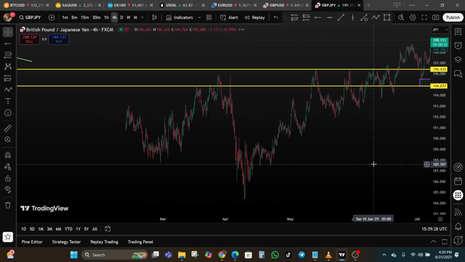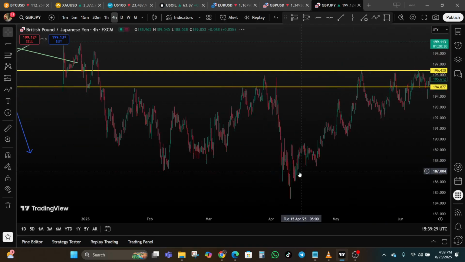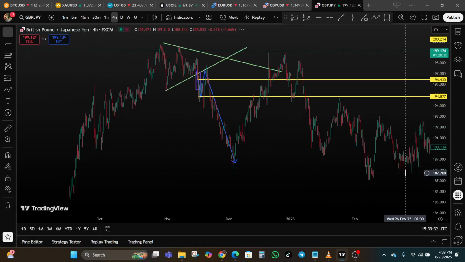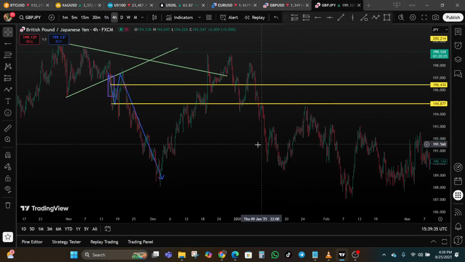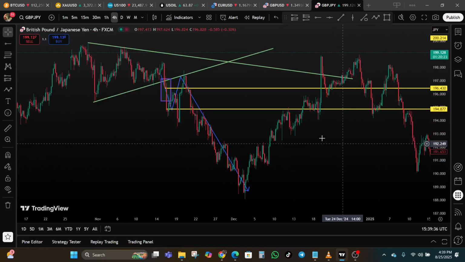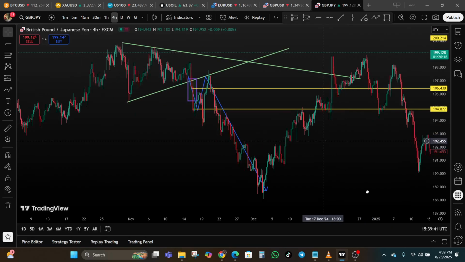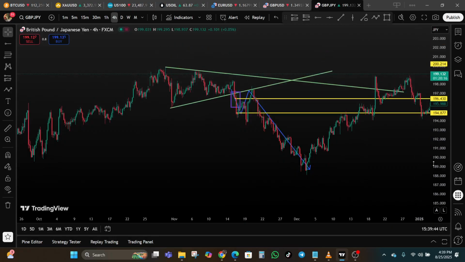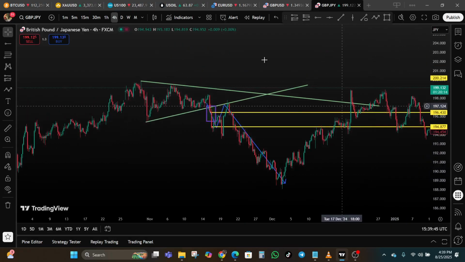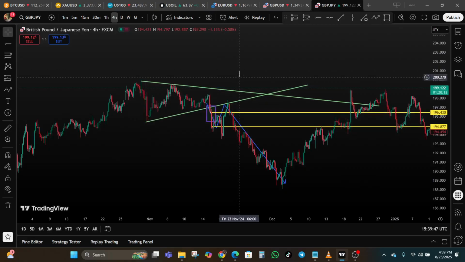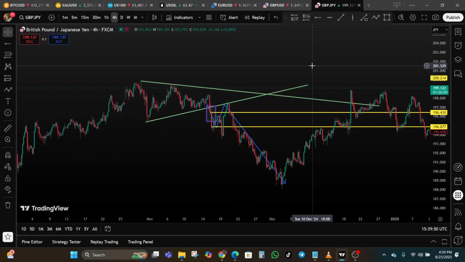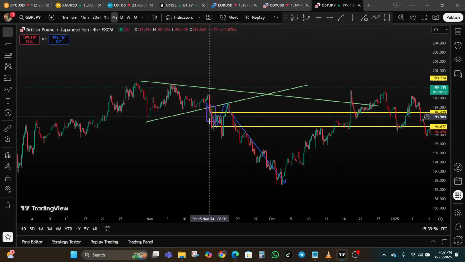Now, how do you apply this in your trading? The steps are simple. First of all, you need to identify liquidity pools where stops are likely resting. Once you've identified your liquidity pool, you wait for displacement to confirm which direction the market wants to move.